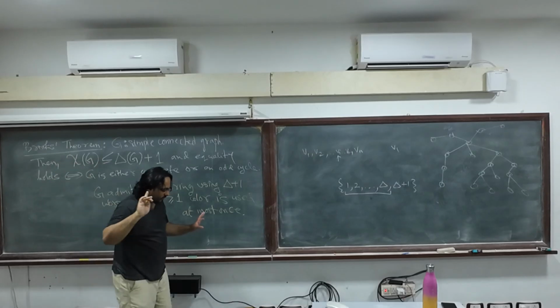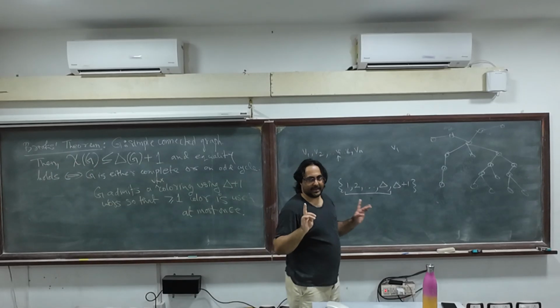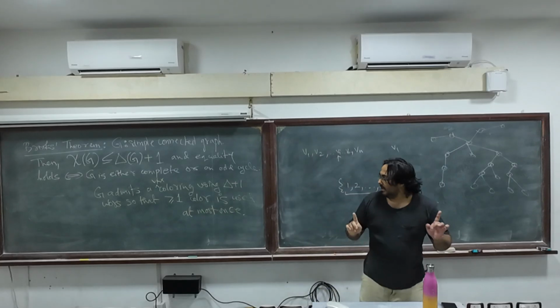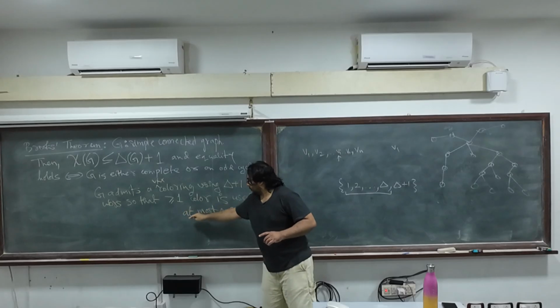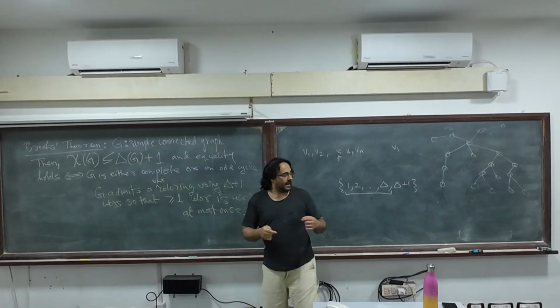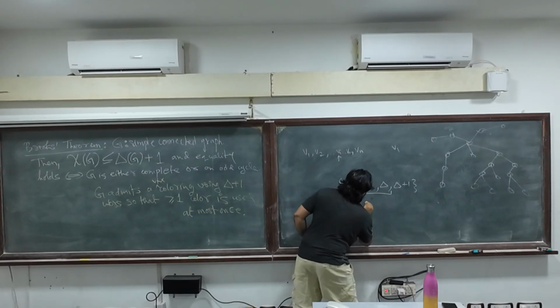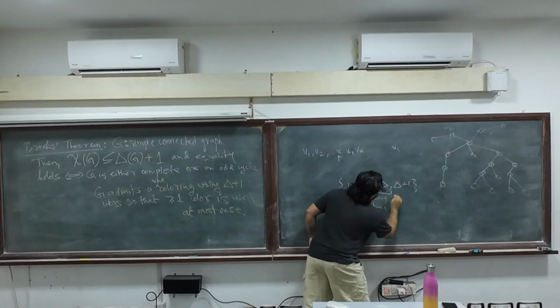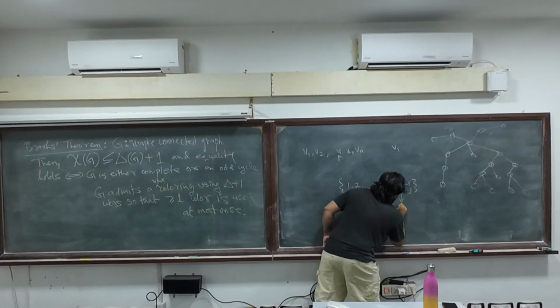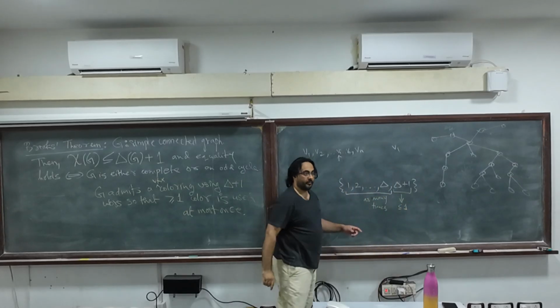Now what we want to do in the next step after lunch is show that this situation happens, where I am forced to use the delta plus first color. So basically, these colors are used as many times, these are used as many times, and this one is used at most once.